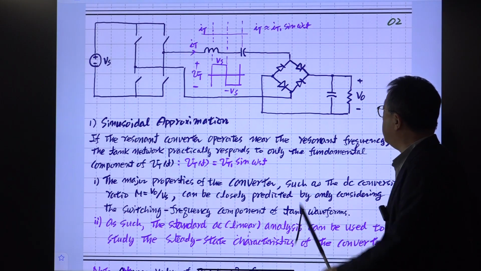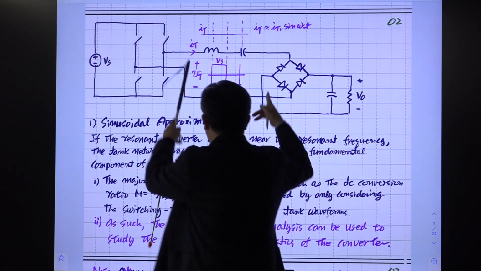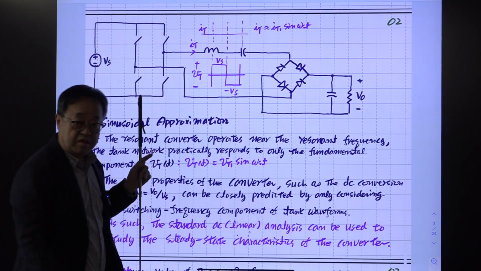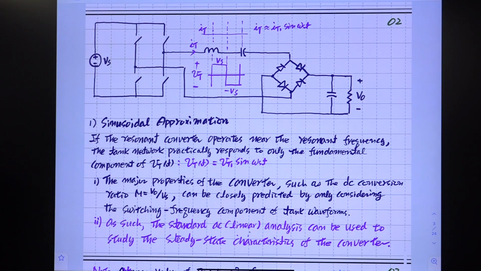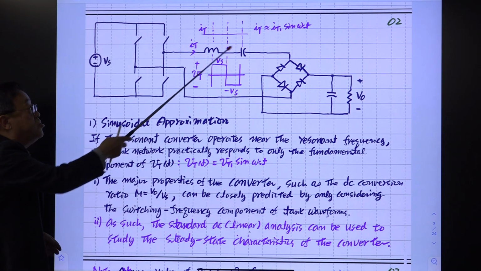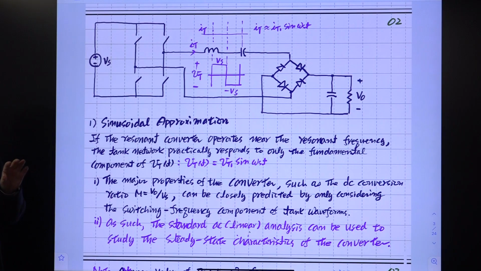That means we can use simple AC analysis techniques, maybe what you learned in high school, or as a sophomore or freshman in your university. That easy story will go here, and we will analyze this tank circuit, and the result of that simplified analysis will provide critical information on the operation of this converter as a DC to DC converter.